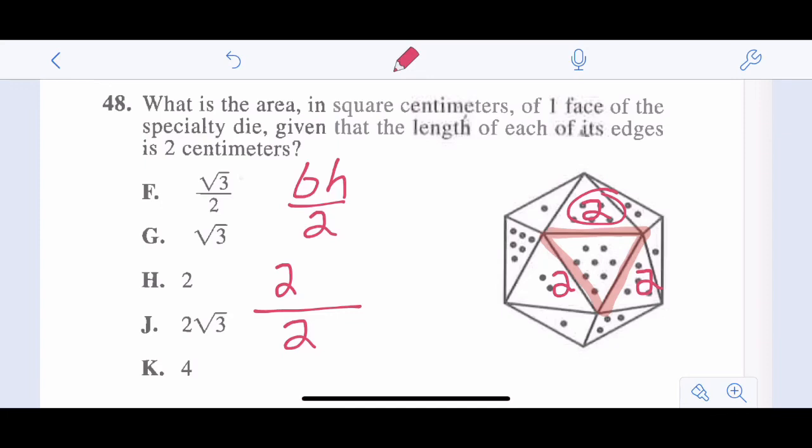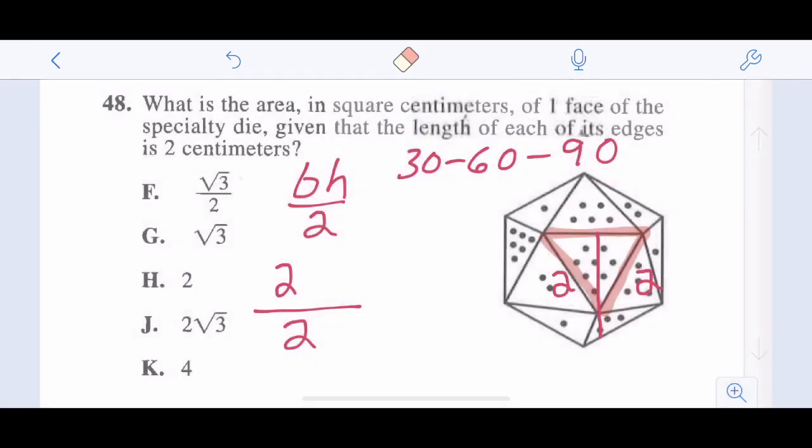So anytime you have an equilateral triangle divided in half, you get a 30, 60, 90 triangle. So 30, 60, 90. And that means that half of this base is 1, and the other half is 1. We'll divide the base.